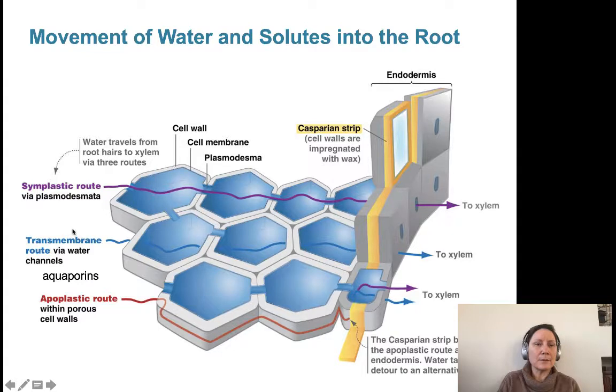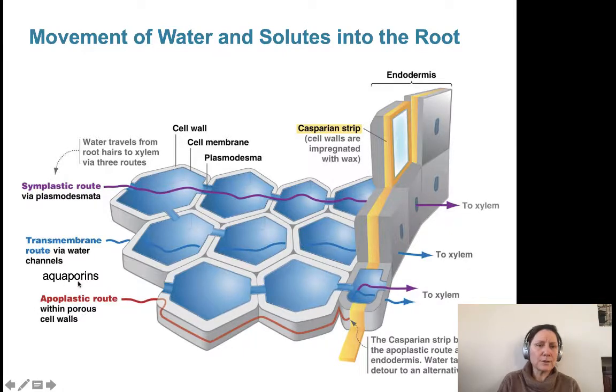The transmembrane route is through water channels. So this can be through aquaporins, or it could diffuse passively through the cell membrane. But just remember that when it does that, it's going to be a much slower route than if it went through the aquaporin or through the symplast. Once it's into the cell, it can travel through the cell and then through the membrane, through the cell, through the membrane, until it reaches the endodermis.